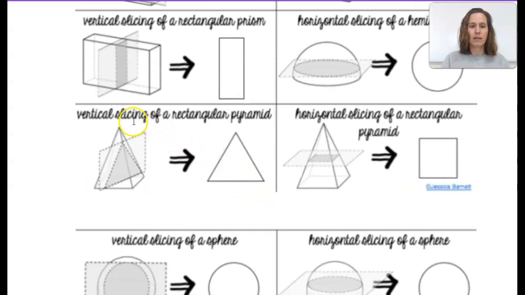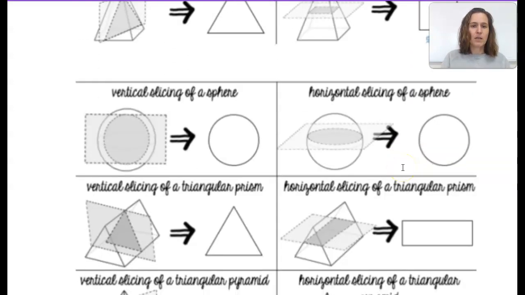If I vertically slice a rectangular pyramid, you will get a rectangle or a triangle regardless of where you cut it. If I cut it horizontally, a rectangular pyramid, it would be the shape of a rectangle. If it was a pentagonal pyramid, it'd be the same shape as the base, a pentagon in that case. If we're going to vertically slice a sphere and horizontally slice it, it'd create a circle either way.